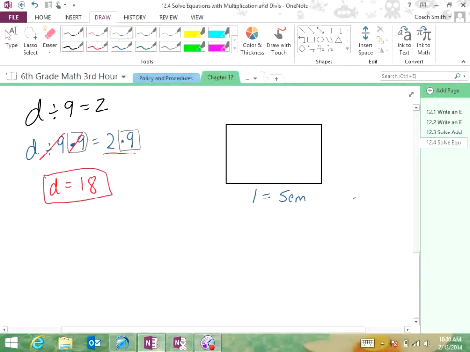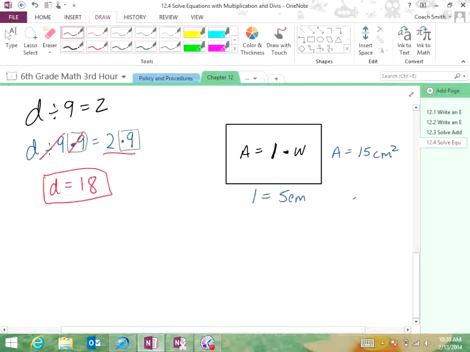Now, they tell us that the area is equal to 15 centimeters squared. Now, they tell us the formula for area is equal to the length times the width.